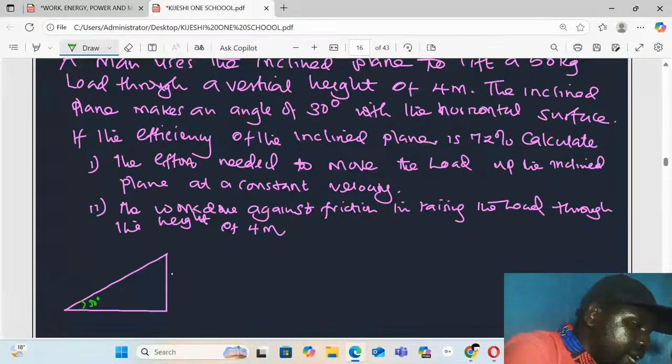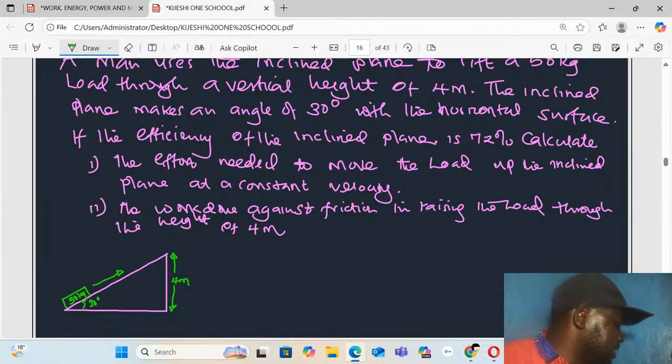So now we are saying that this height here is 4 meters. That is the main agenda of the inclined plane. We are not lifting up the load directly, but we are using this inclined plane. We have a load of 50 kg, and it must be moved through this distance.